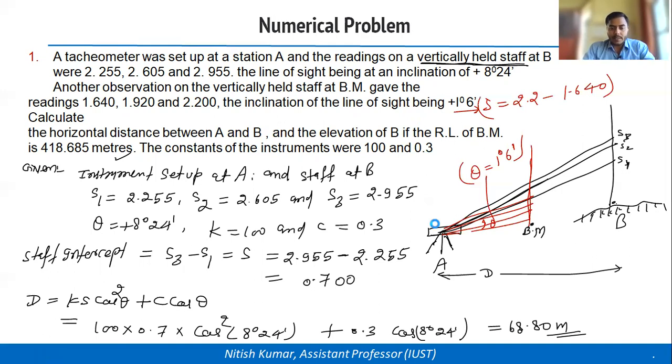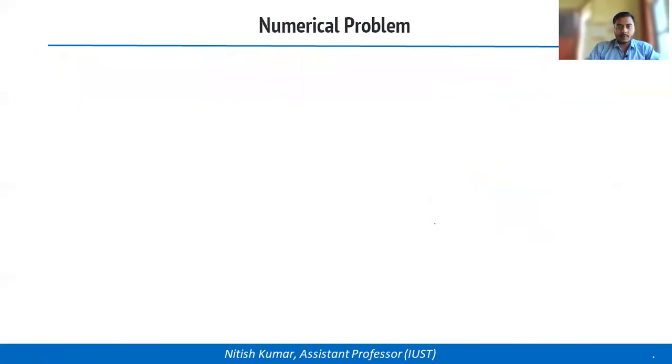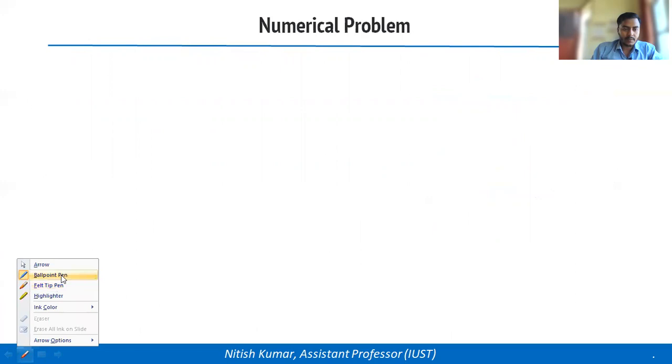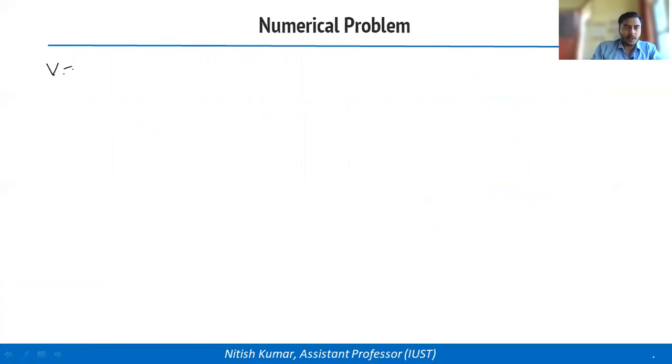So what we have calculated so far is the horizontal distance between A to B. Now calculate the vertical distance, that is V, for this case and see what we are getting. So what is the formula for V? V is K S sine 2 theta divided by 2 plus C sine theta, right?